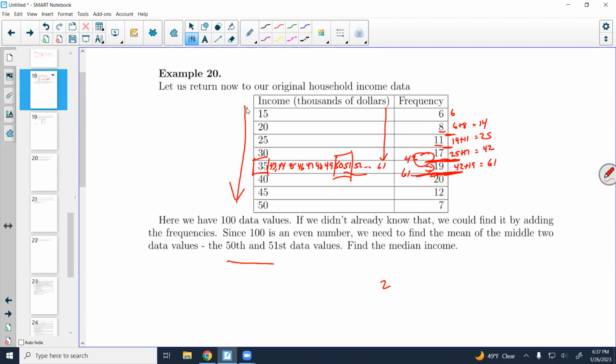Because this is how often, this is how much. So it'd be 35 plus 35 divided by 2, which is 35. That would be the median income. Okay? Any questions?